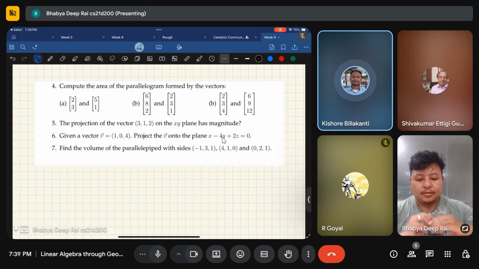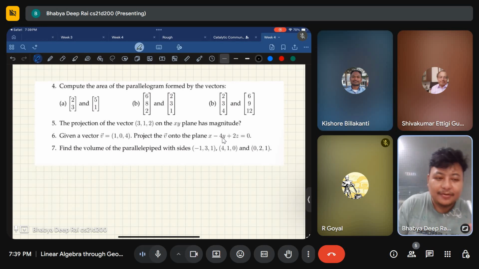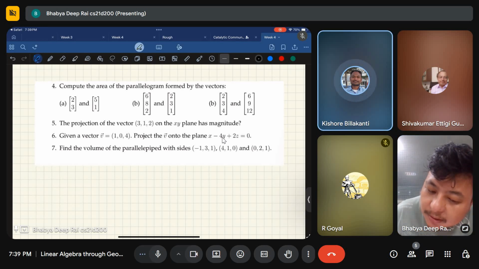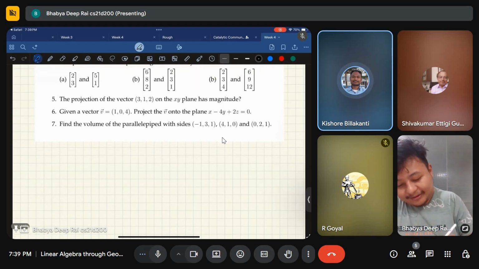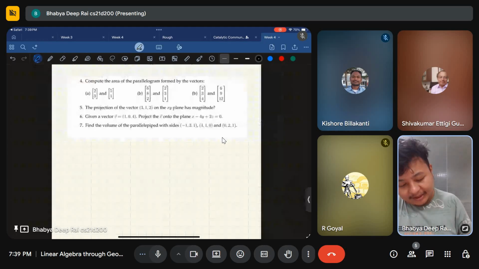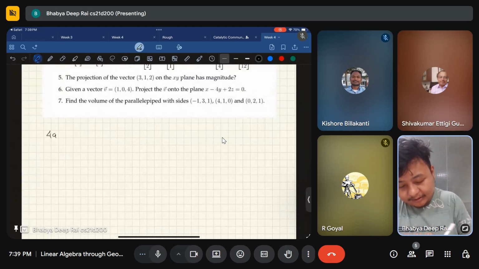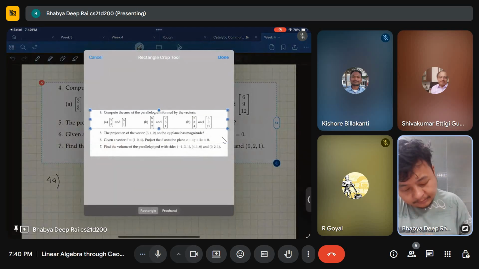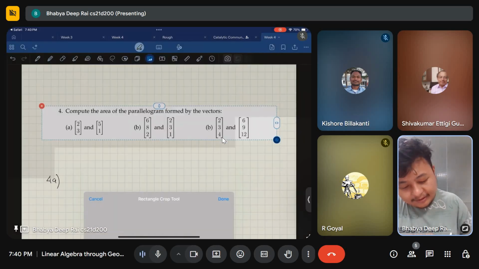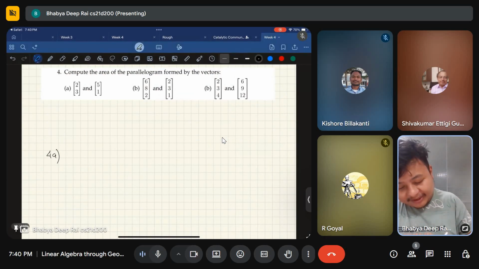Some time back, I think we have discussed this, the area of a parallelogram. Anyway, the first one is two-dimensional, so I can always represent it as a matrix and then just compute the determinant.